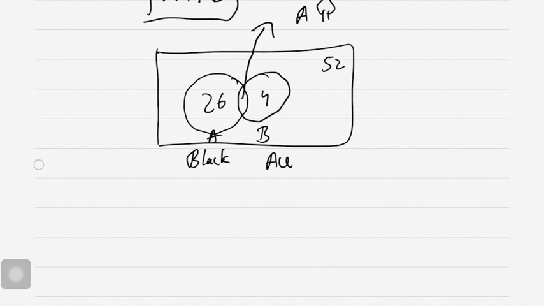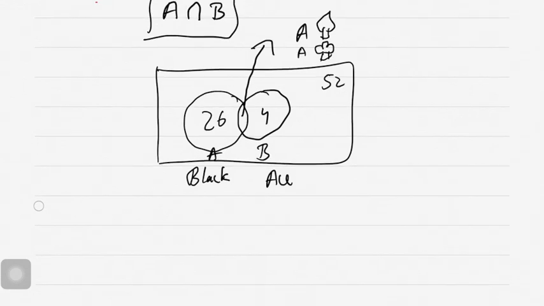Ace of spade and ace of club are common, right? So A intersection B is 2 by 52. These two components would be the point of intersection.